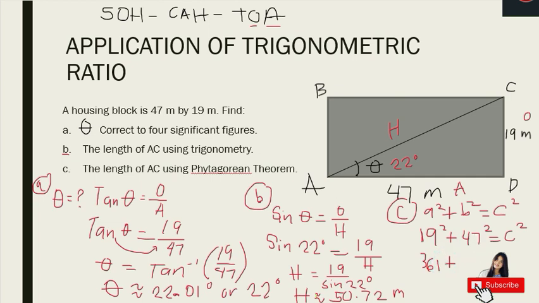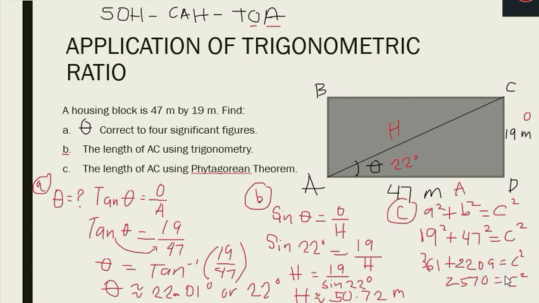This is 47 times 47, which is 2,209. Then add them up, 2,209 plus 361, which is 2,570, equals c squared.